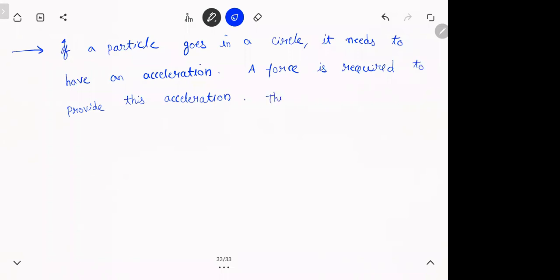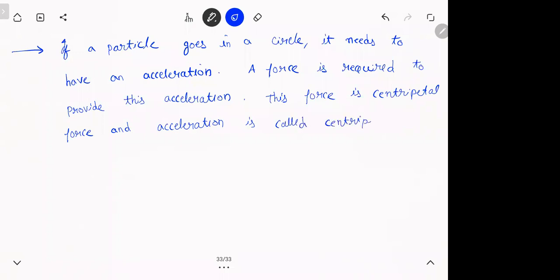So this force is called centripetal force. Centripetal force, as we keep saying, is not a new force. And the acceleration is called centripetal acceleration. This centripetal force is nothing but gravity, tension, normal reaction.